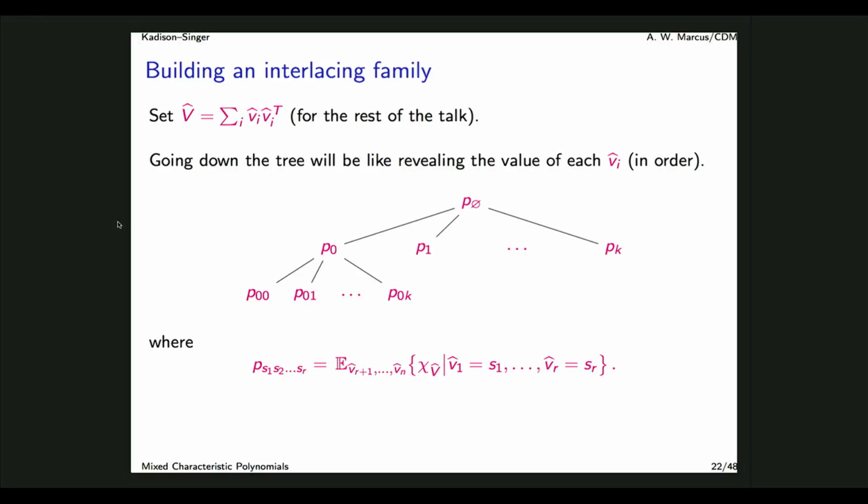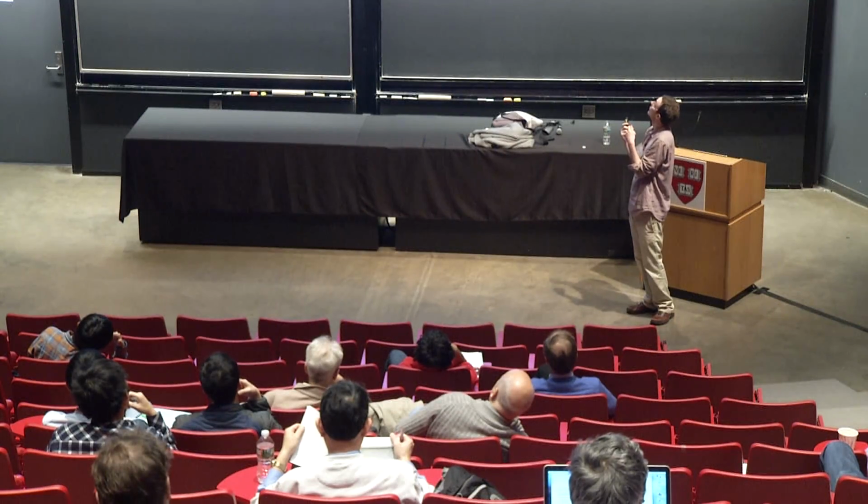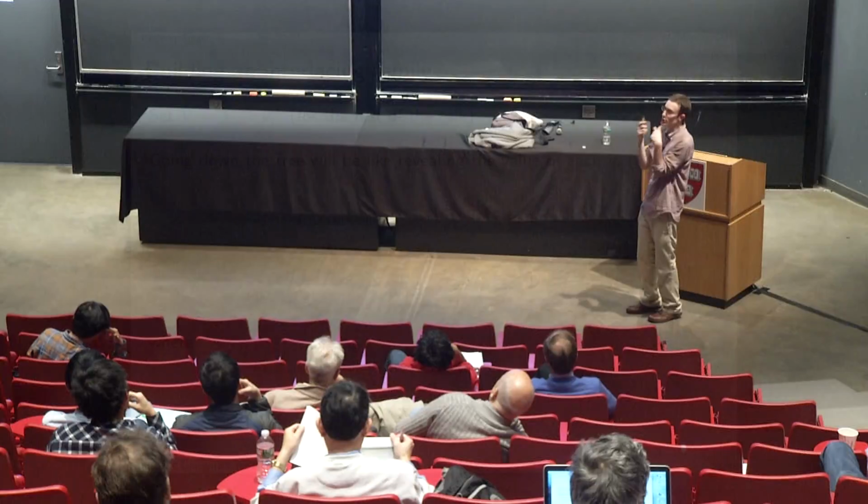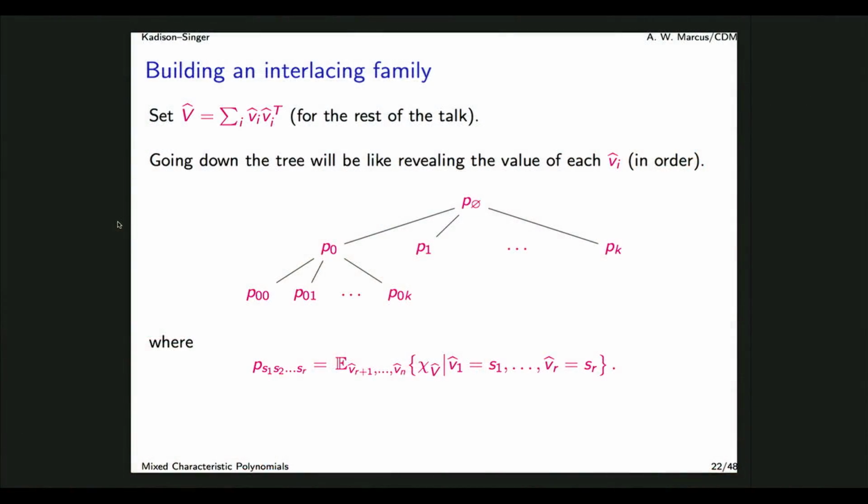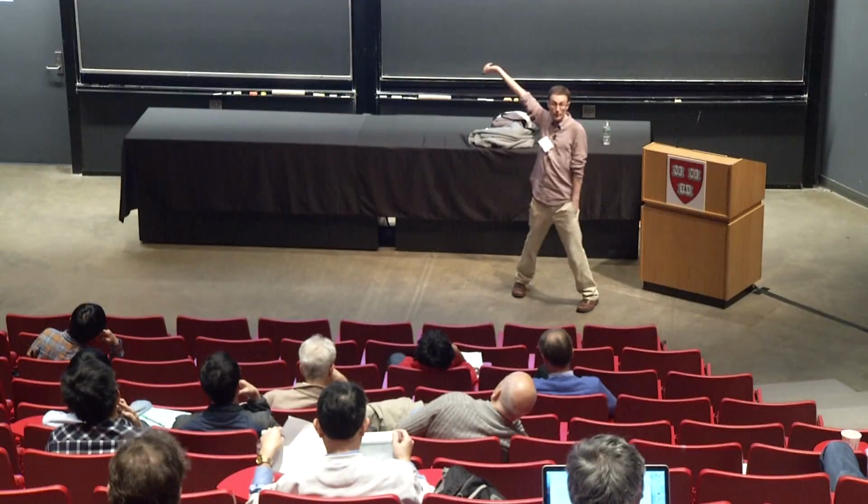And I want to think about going down the tree as if I'm revealing the value of each of these random vectors. So for the first one, I'll figure out whether random vector v1 was actually u or w. And then random vector 2, whether it was a or b. And the polynomials I'm going to have at each of these nodes are going to be the expected polynomial over all of the things that I don't know, given the things that I do know.